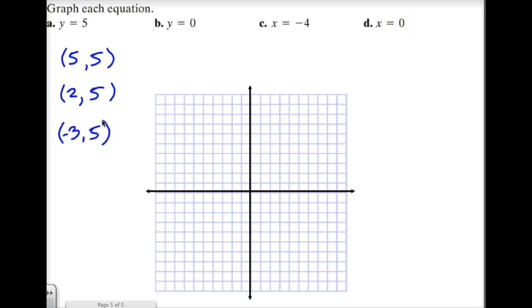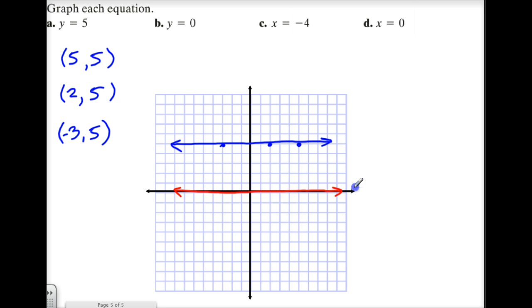So if I were to plot those points, let's say 5, 5, 2, 5, negative 3, 5, you're going to notice that each of these points, y equals 5, are all on this horizontal line. So at y equals 5, it's going to be a horizontal line at 5. Now if y equals 0, that is also going to be a horizontal line, and those are going to actually be right on the x-axis.